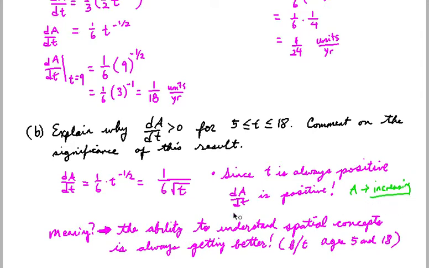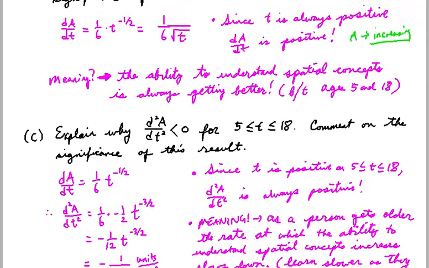So that means that the ability is increasing over time, over this entire interval. The ability to understand spatial concepts is always getting better between the ages of 5 and 18. So that's kind of an interesting result. That's good. There's hope for you if you're not 18. If this model is true, your ability to understand spatial concepts will keep getting better until you hit 18, according to this model.